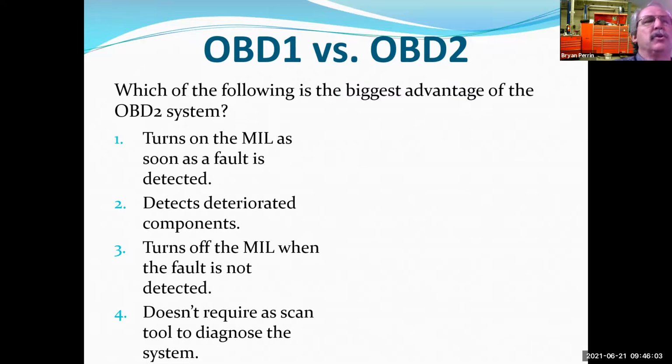So once they get below a certain performance level, it'll now be able to set a code. For example, we use the example of a misfire. When it sets a misfire code, it's not misfiring every time. It's misfiring over the percentage of time that is allowed to misfire.